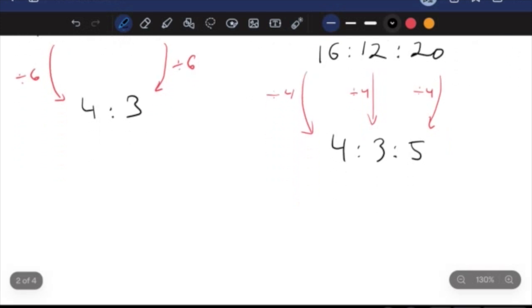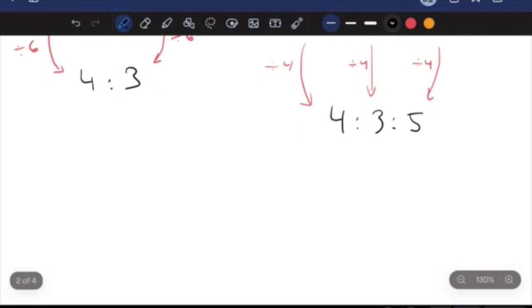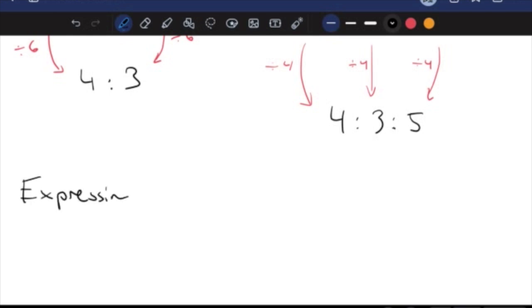Okay, the next thing we're going to do, part B, let's call it, is we want to express ratios in the form n to 1 or 1 to n.